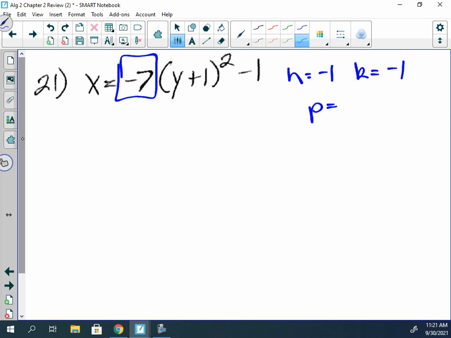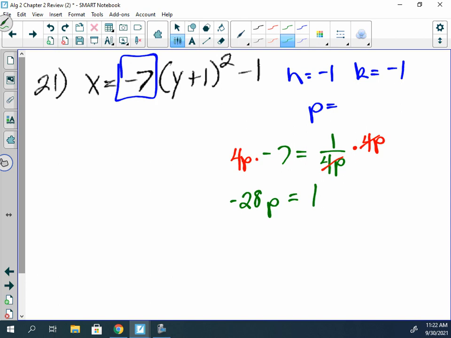So what we can do to find p is say negative 7 is equal to 1 over 4p. And the first thing we would do is multiply both sides by 4p. Now the 4p and 4p will simplify to 1. Now 4 times negative 7 is negative 28p.